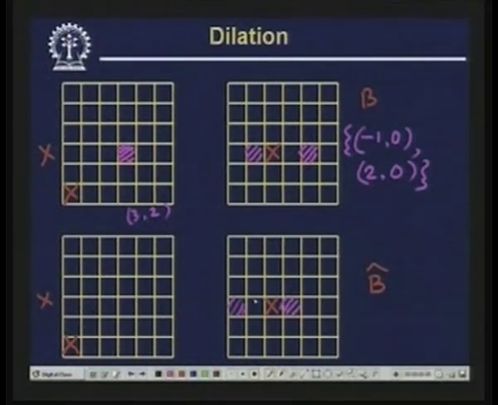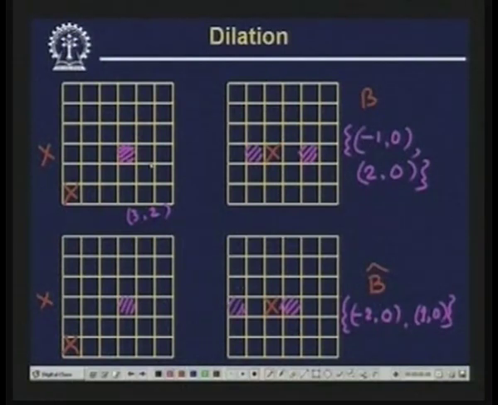So, the reflection of B will be nothing but minus 2 0 and 1 0. And this set X is again because it is 3 2. So, this is the only point which belongs to set X.